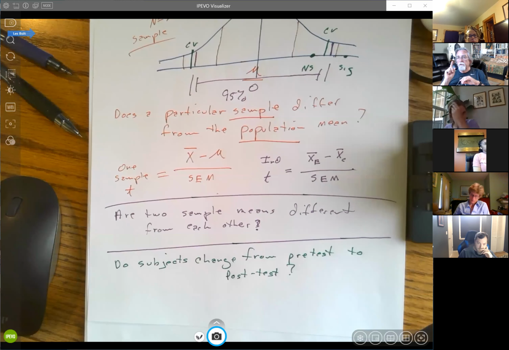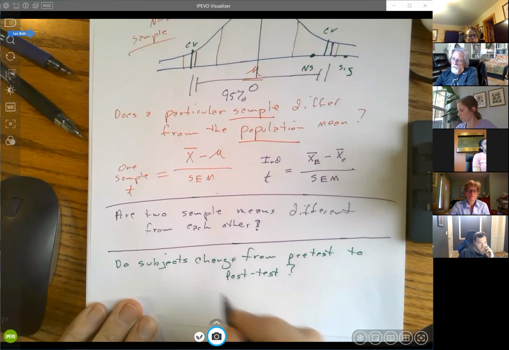You only have one group, but you pre-tested them, so you have a score at the pre-test. You've post-tested them, so you have a score at the post-test, and you want to know, did they improve from pre-test to post-test?